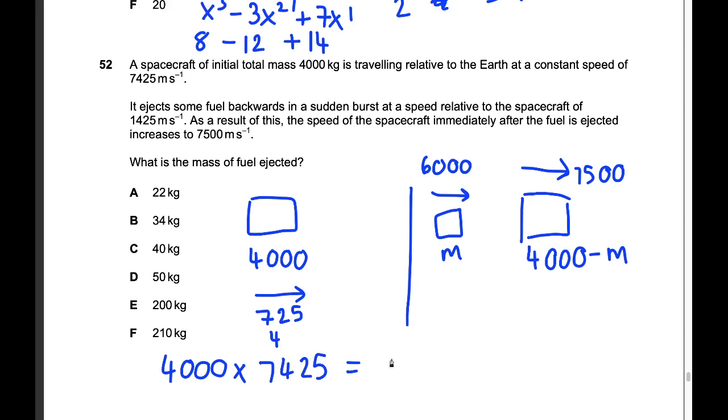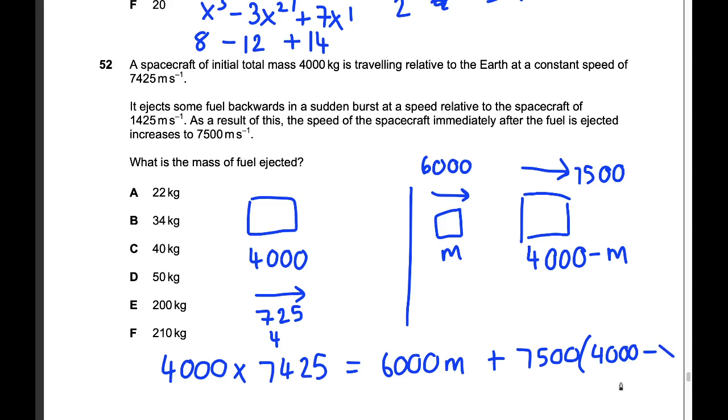That's equal to 6,000 m plus 7,500 times (4,000 minus m). I can see that I'm going to get another 7,500 times 4,000, and I've got a 7,425 times 4,000 on that side. So I don't have to actually work out what these big sums are.